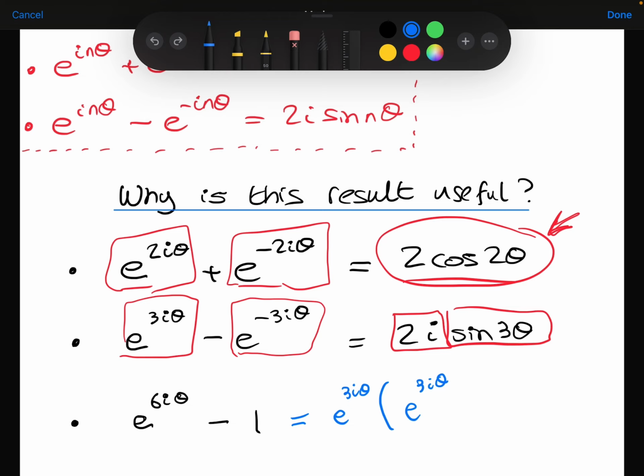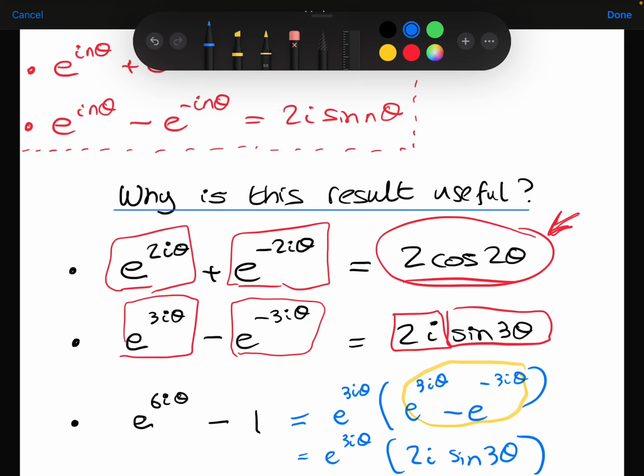And the second term will become e to the minus 3i theta, because this times this is this. And by factorising out that e to the 3i theta, I can now use the results we've seen above to rewrite this as 2i sine 3 theta. So this might be a useful way of rewriting this.